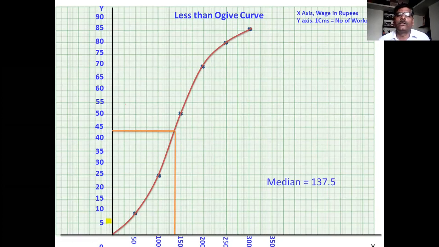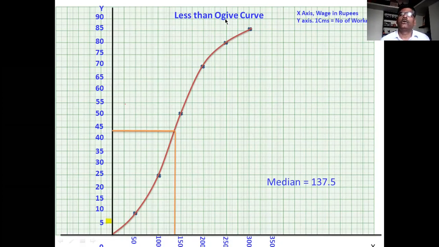So its value is 137.5. 137.5 is between 100 and 150, the middle is 125, and it is near to 150. Therefore, I consider it as 137.5. In this way, calculate the median with only one less than curve.